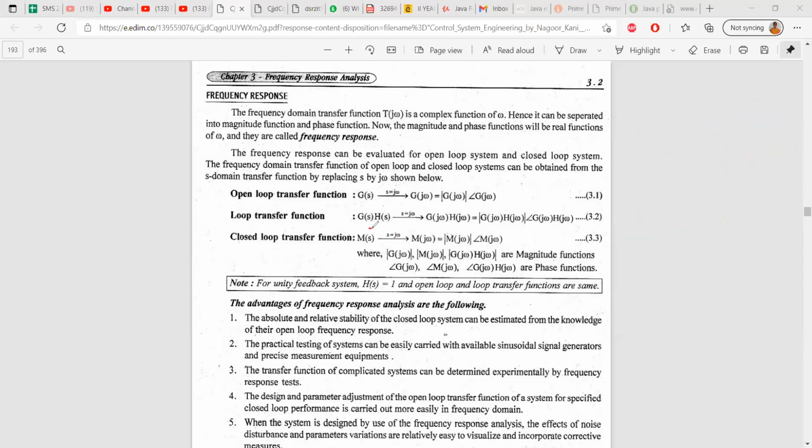Coming to the closed loop transfer function, the magnitude and phase angle are like this. If you take the unity feedback system, H(s) is 1, and the open loop and loop transfer functions are the same, isn't it? If H(s) is 1, that is a unity feedback system, the open loop transfer function and loop transfer function are both the same.